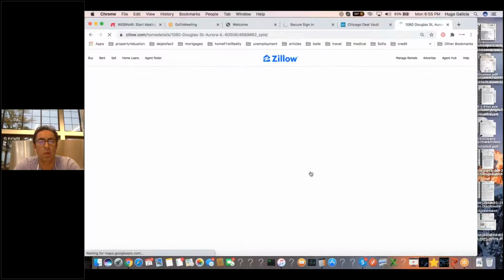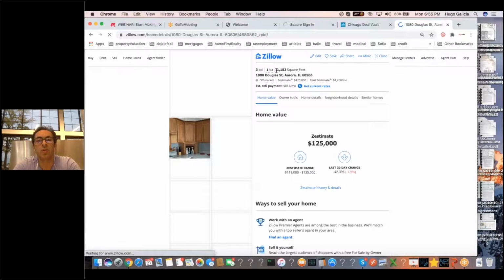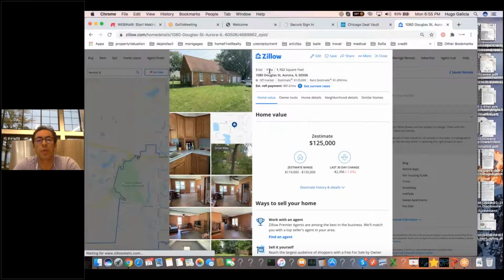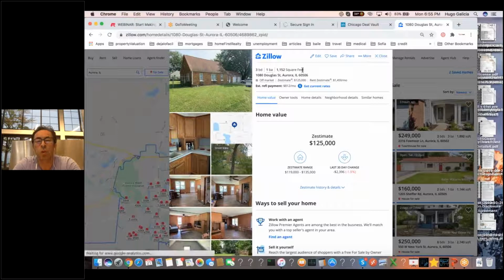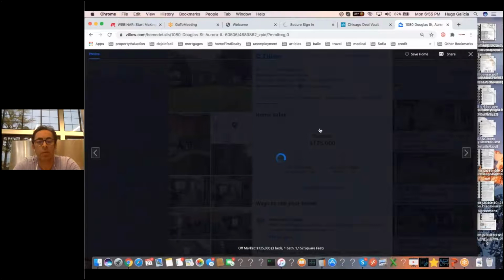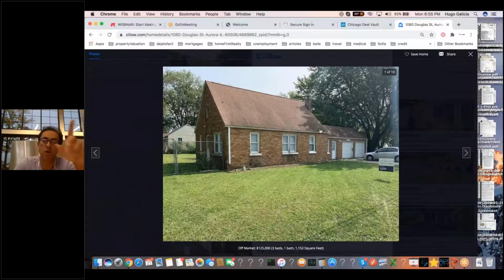on the internet to see if I can capture the square footage one way or another. So Zillow, let me see. So Zillow is telling me it's a 3-bedroom, 1-bath, 1,100 square feet. So I can see some pictures in here of the property. So friends, we know the square footage, 1,100.